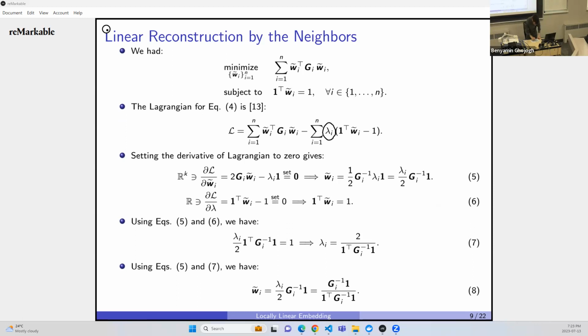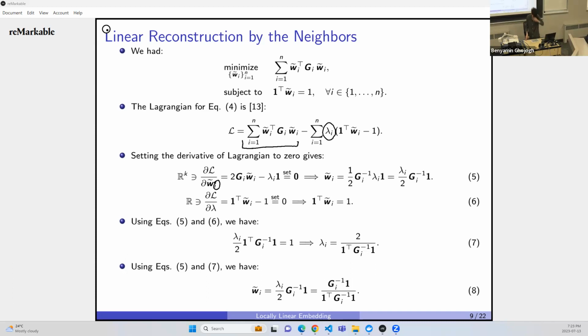If you take derivative of this with respect to wi tilde, what do you get? This is quadratic with respect to wi tilde, therefore it becomes 2 gi wi tilde. But where does the summation go? It goes away. Why? Because the derivative is with respect to wi tilde for a specific i.